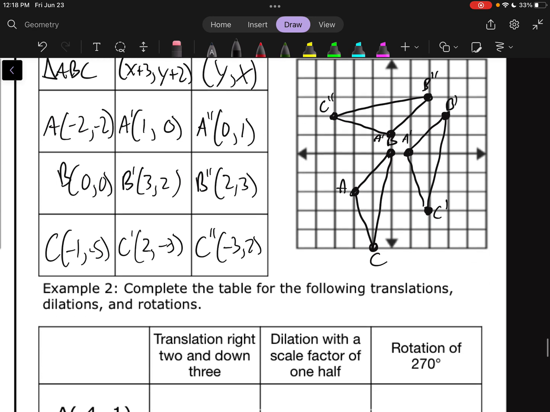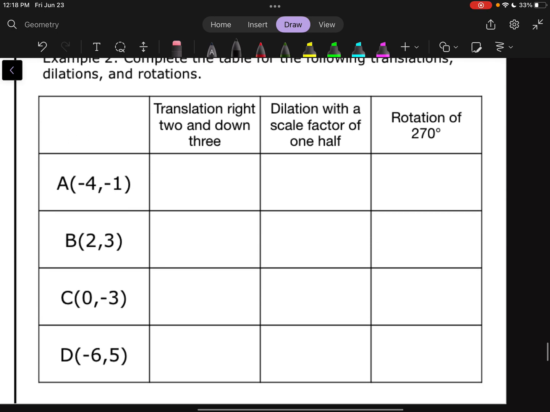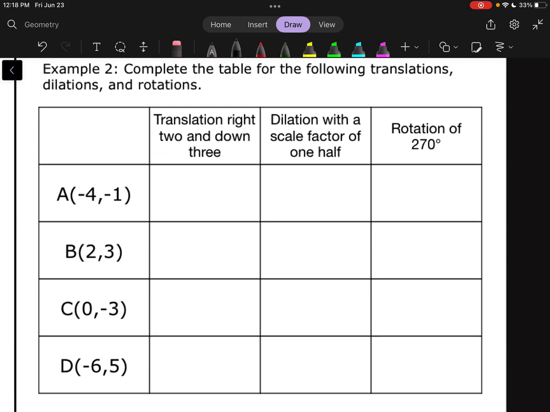Our last one here, we got ourselves a little table. Translation right 2 down 3, that is an x plus 3, y minus 3. Nope, sorry, that should be an x plus 2, y minus 3. So A prime, negative 2, negative 4.